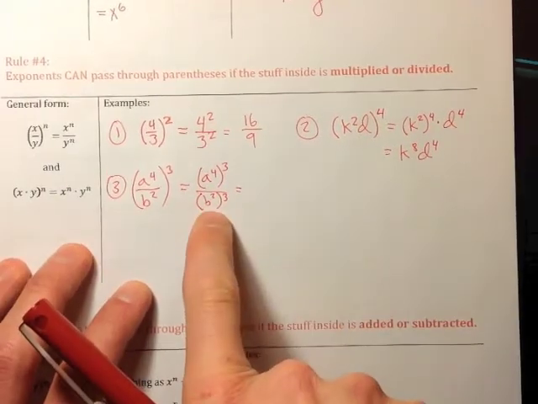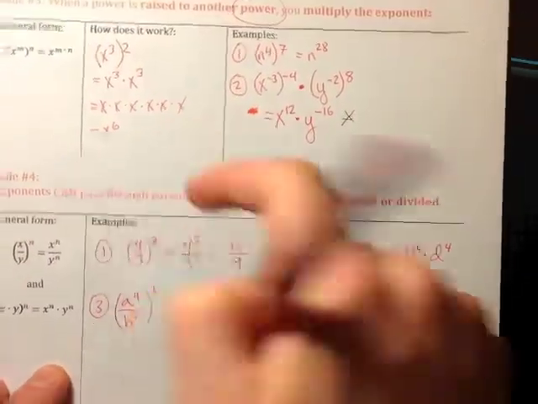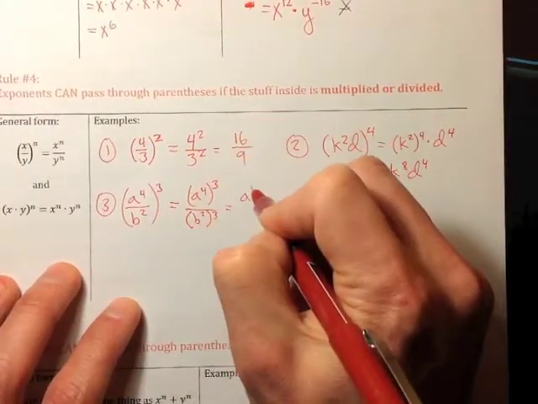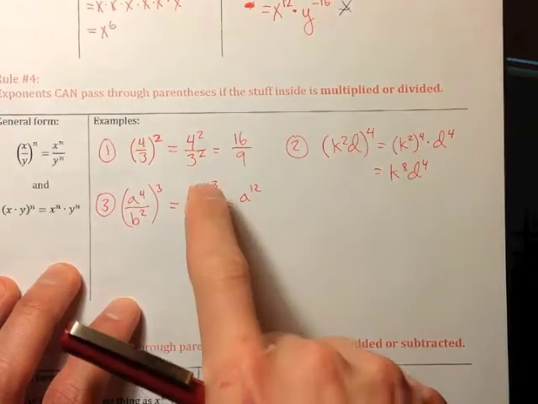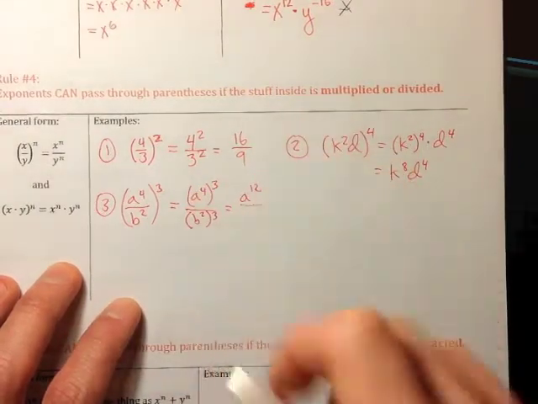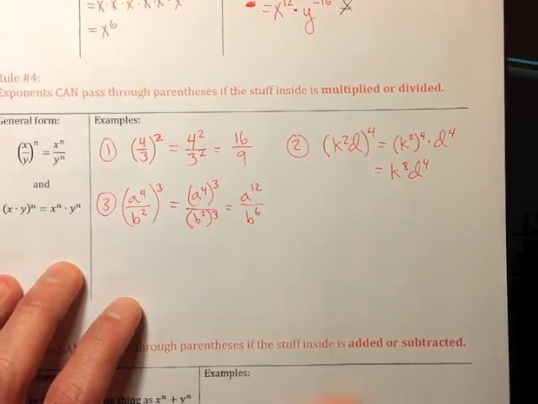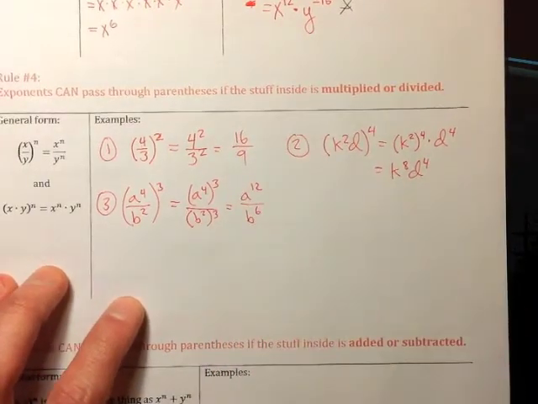Now here, I can use the rule that we just learned up here again. a to the 4th power to the 3rd power is a to the 12th power. You just multiply the two exponents. Same thing down here, multiply the exponents, b to the 6th power. And that's as far as we can go on that one.